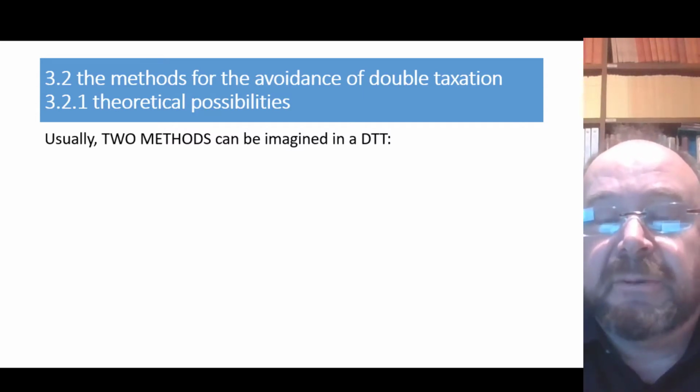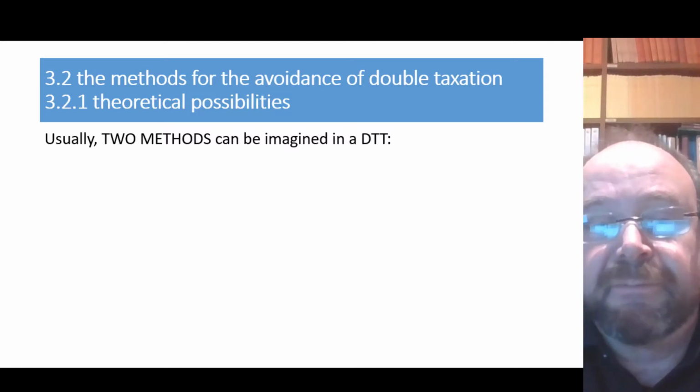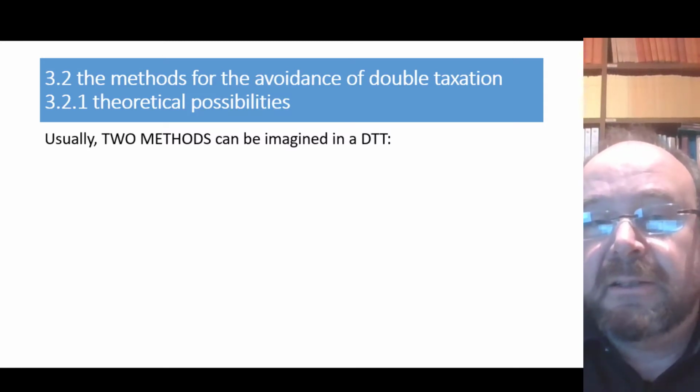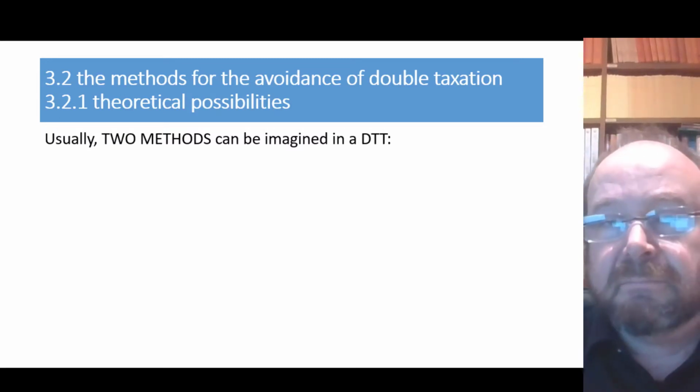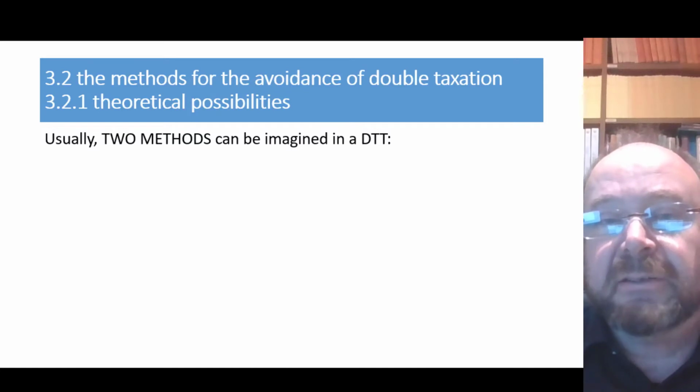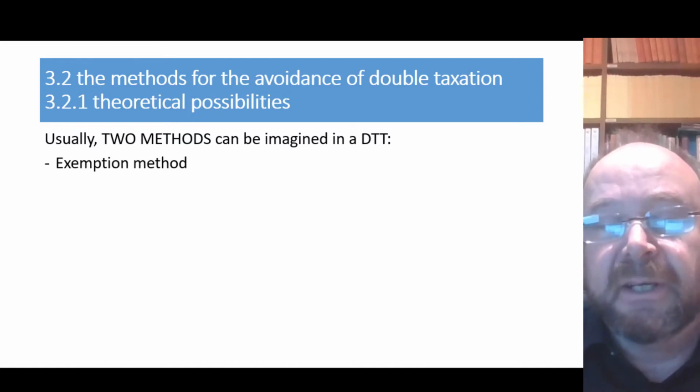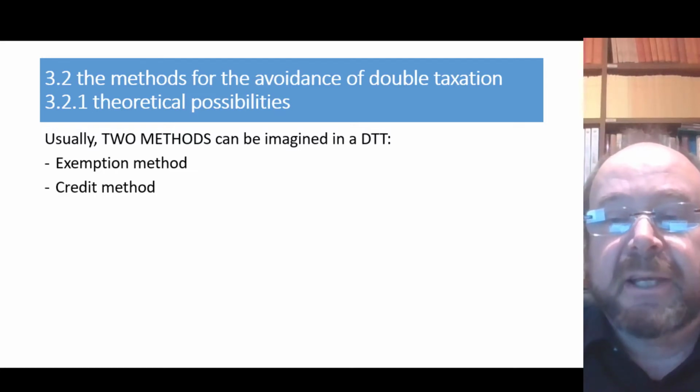If there is now a double taxation in such a complex surrounding, then you know there are principally two methods which can be imagined as a measure to solve the double taxation problem, either the exemption method or the credit method.